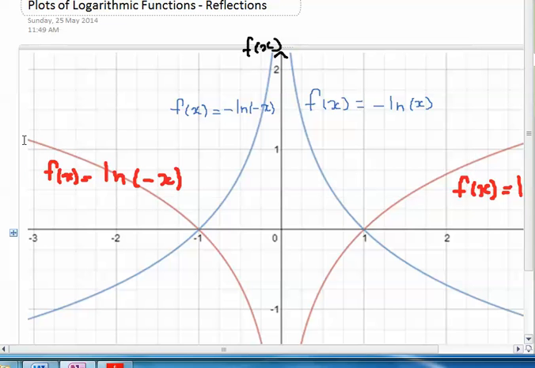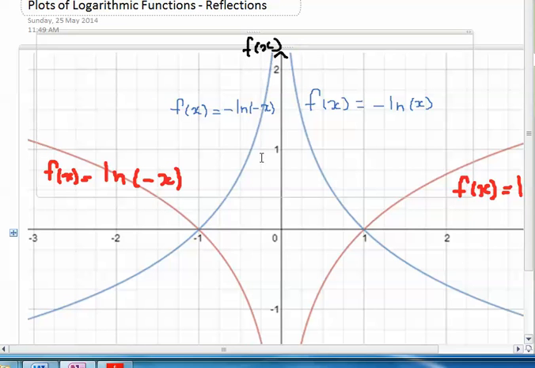And so this one here, ln negative x, is only defined when x is negative. So that's how we get that effect. And you can imagine this one here is a combination of both, reflecting it around the function axis and the x-axis.